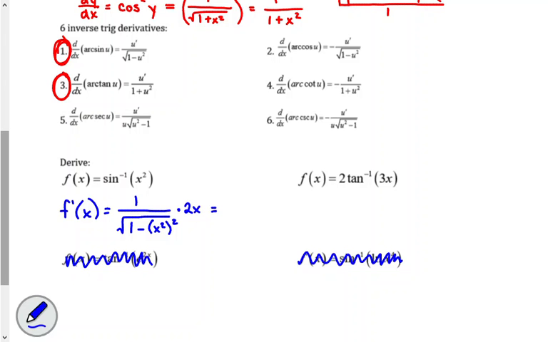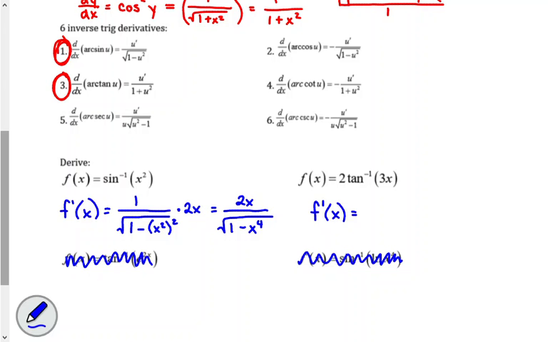So if I simplify this, we would just move the 2x into the numerator, and then simplify the denominator to 1 minus x to the 4th. If you remember the formula from above, just go straight to that. Formula from above? Oh, the u one? Yeah. Yeah, let's try it for the second one.